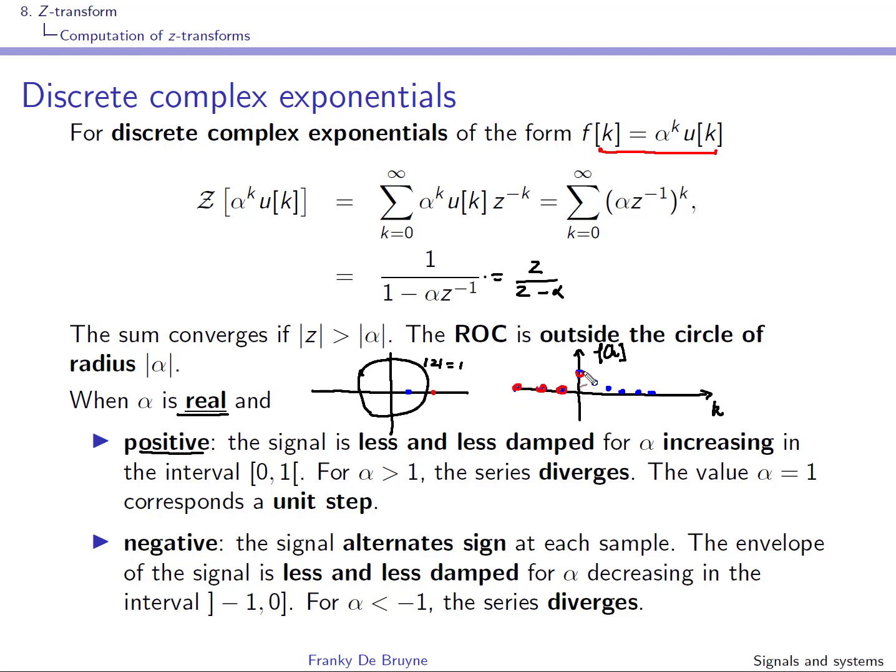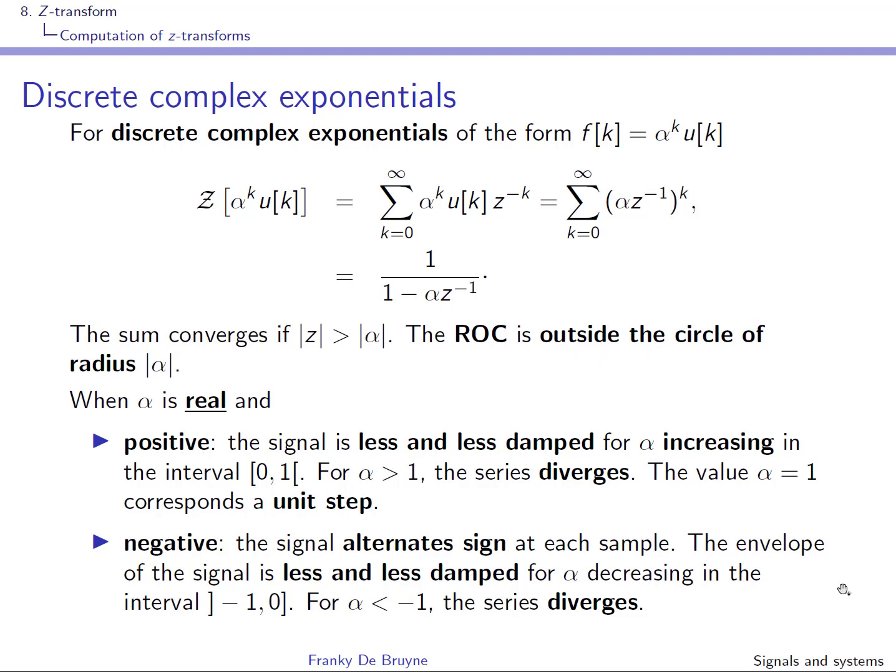You start from 1, then 1.1 to the power of 1, then 1.1 to the power 2, it will be increasing, and what you will have is something that will be diverging. It will be exponentially increasing with increasing k.